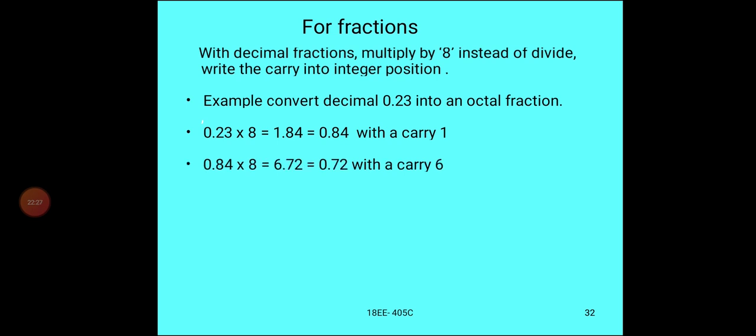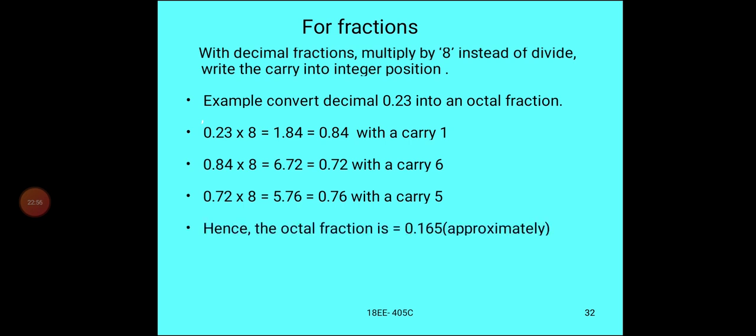Again 0.84 is multiplied by 8, and we get 6.72. In that the fractional part is 0.72 with a carry of 6. 0.72 times 8 is equivalent to 5.76. 0.76 is the fractional part with a carry of 5.